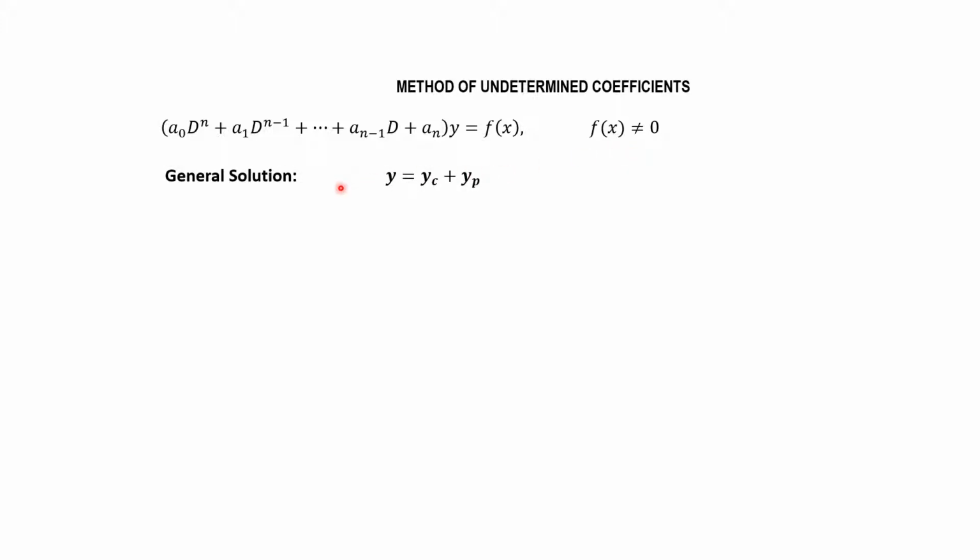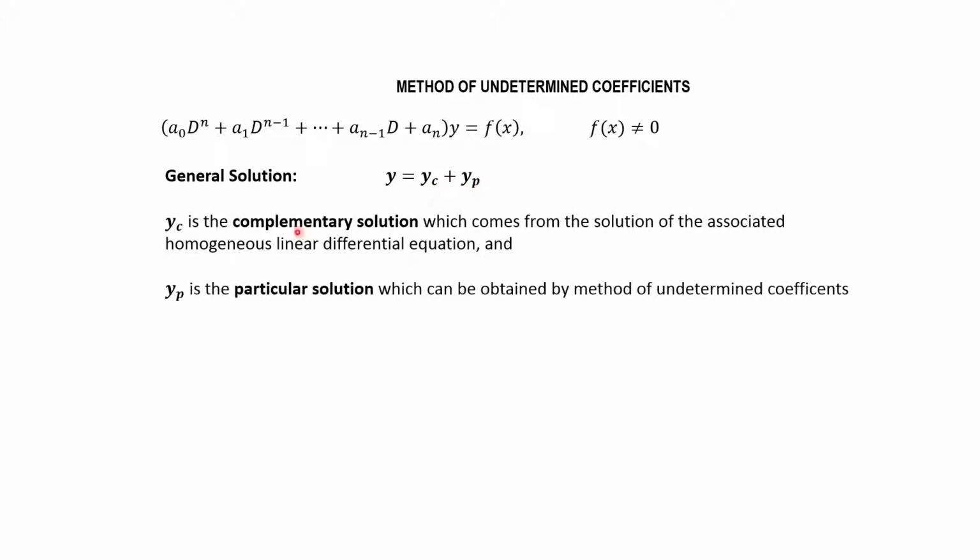Now, the general solution will be the sum of the complementary solution and the particular solution. Now, how do you solve the complementary solution? The complementary solution will come from the solution of the associated homogeneous linear differential equation. That means if that is homogeneous, f of x is 0.